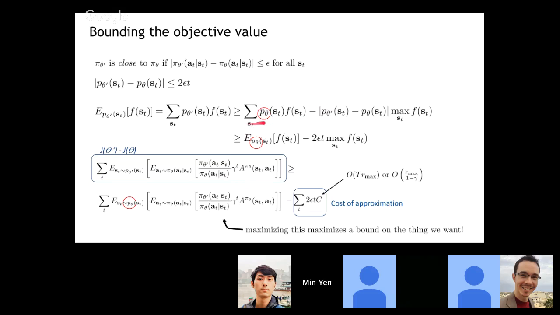I think it's the first term, because it's a bound. In a way, from here you approximate to this, and the cost of approximation is this one.